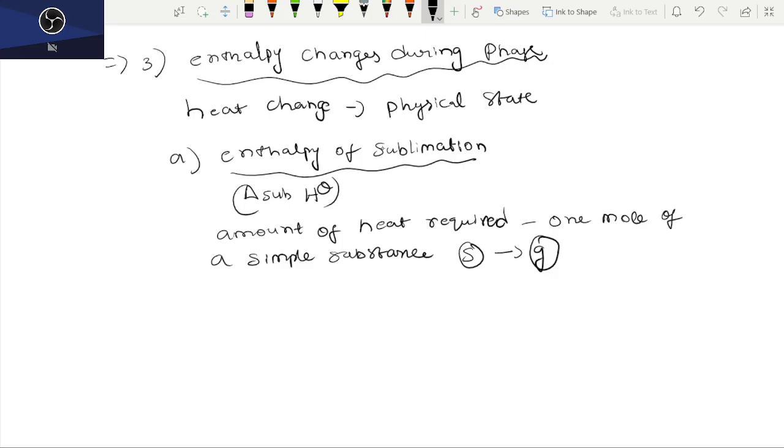It is an endothermic process. It is completely endothermic, right?